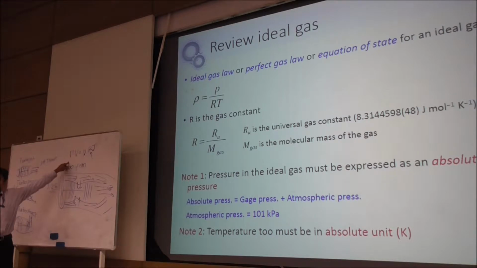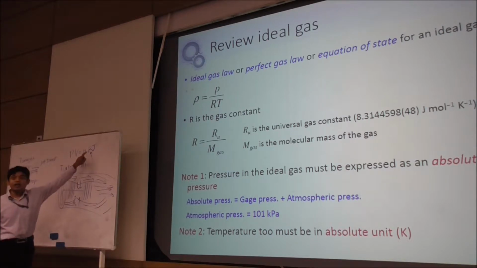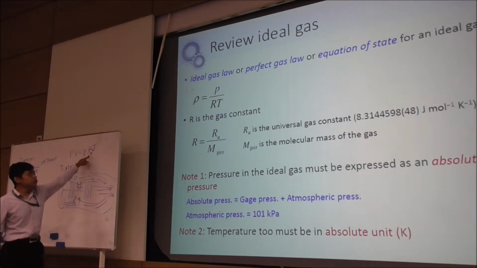The original form is PV = nR_uT. This is the universal gas constant.